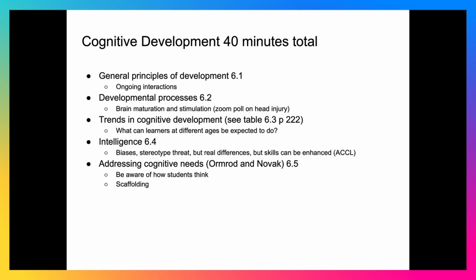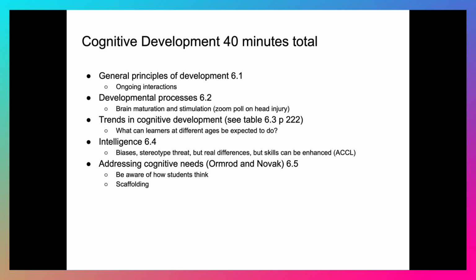In 6.3, there's a nice little table. There's a table on page 218 and then 222 in the actual book. One of them has to do with Piaget's four stages of cognitive development. The other one has to do with general developmental trends from K through grades 9 through 12.